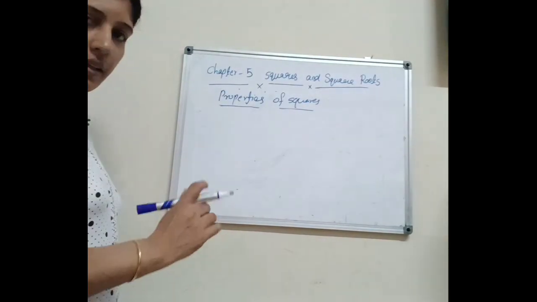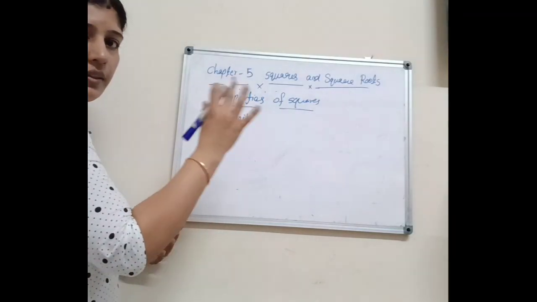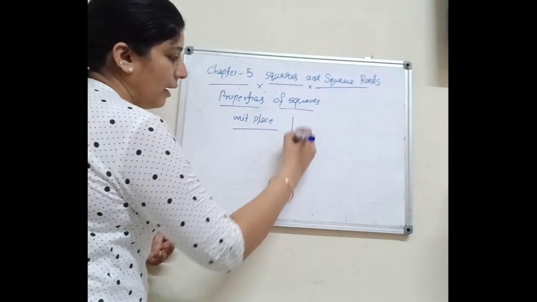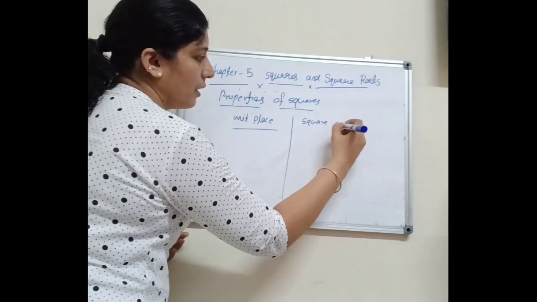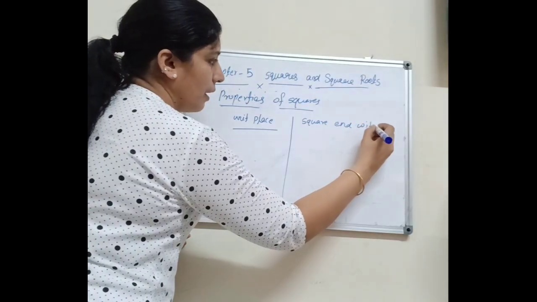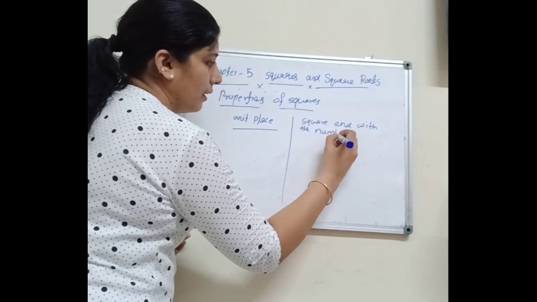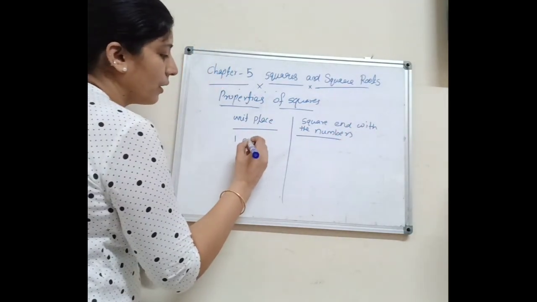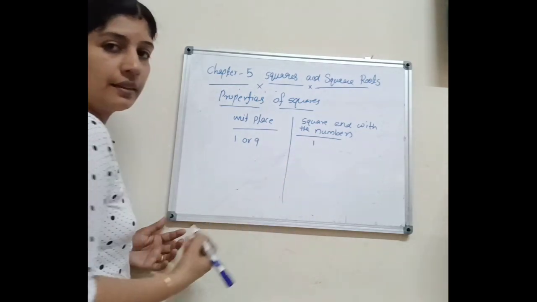Next, we can consider the unit place value and the squares end with the numbers. What are they? First, we can consider the number 1 or 9. The square always ends with 1.